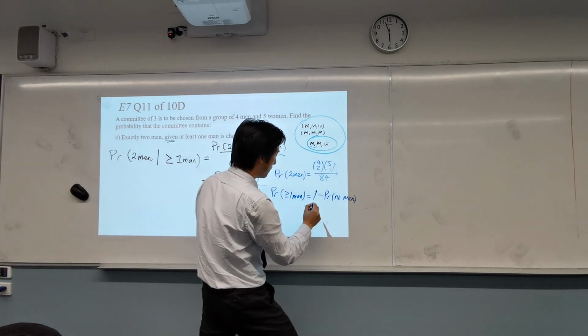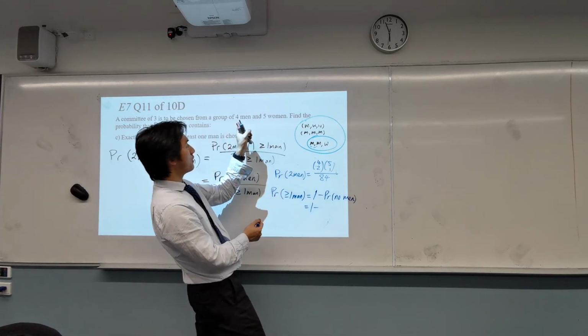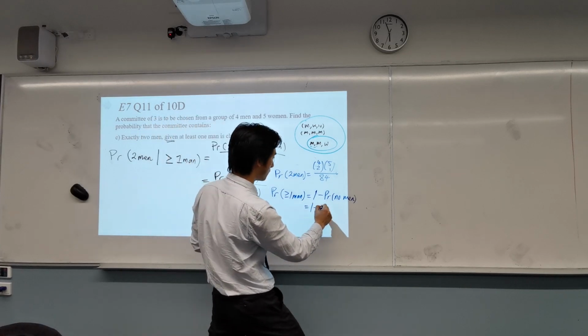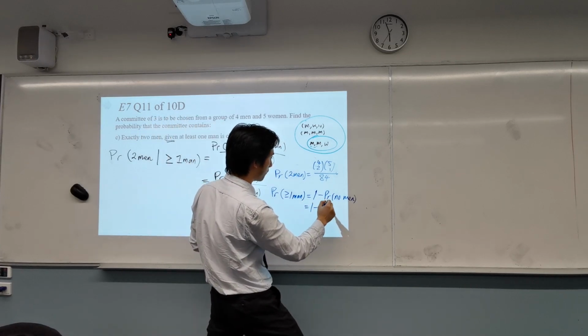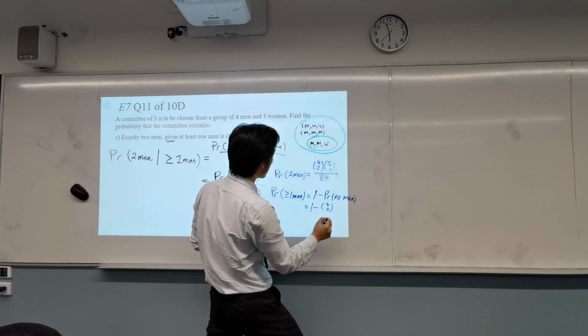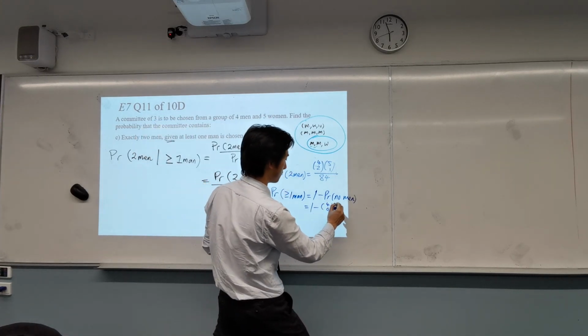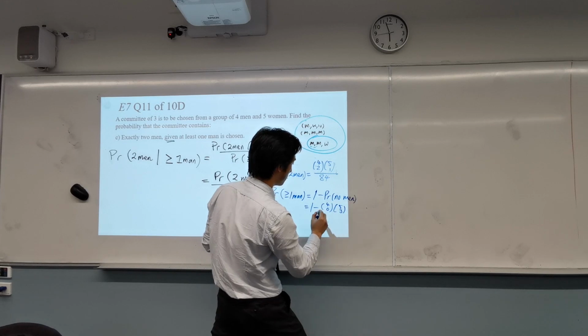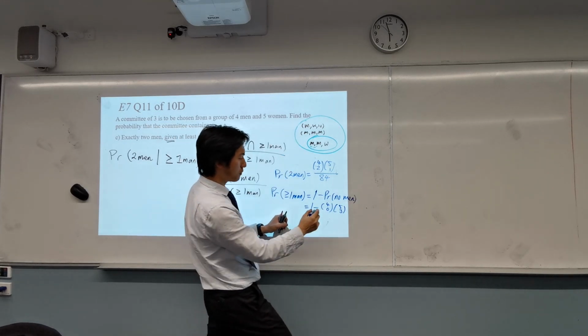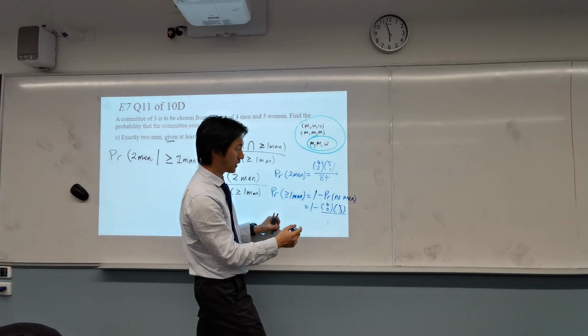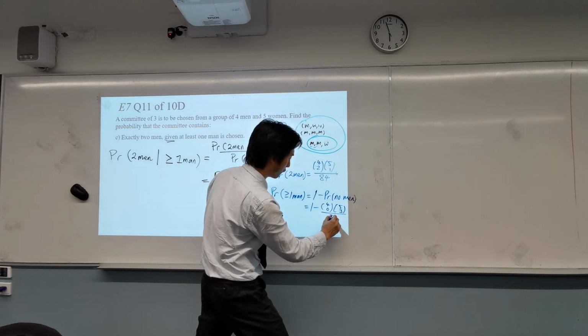So that turns out to be 1 minus choosing no men from 4 people. 4 choose 0, which means choosing 3 women from 5 women. 5 choose 3. And then we divide by the total number of ways that can be chosen, which was 84.